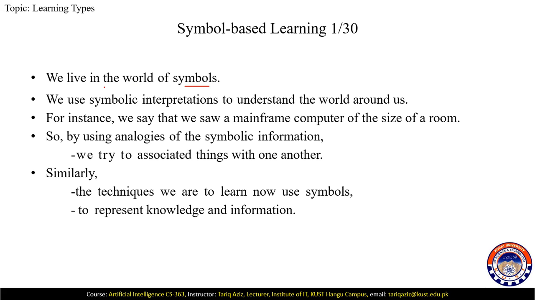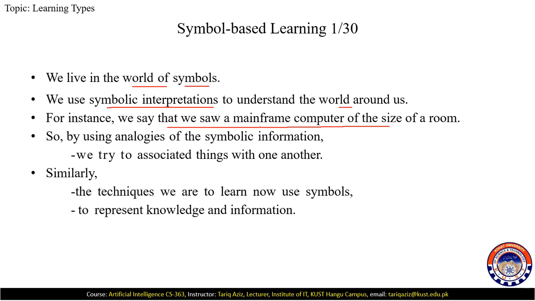In the first point, it says that we live in the world of symbols. Human beings use symbolic representation or interpretations to understand the world. For example, we say that we saw a mainframe computer the size of a room.